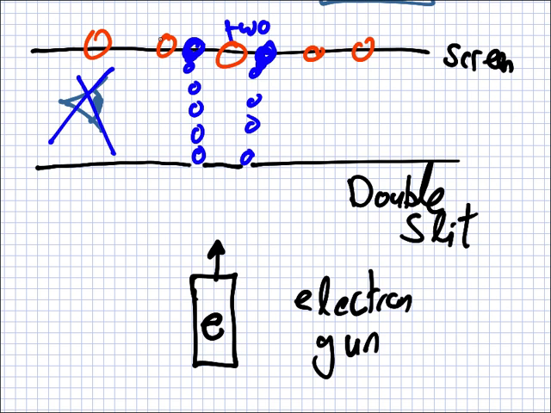So, when we throw things, that is, matter, through two slits, we get two bands of hits. And with waves, we get an interference pattern of many bands. Good so far. Now, let's go quantum.